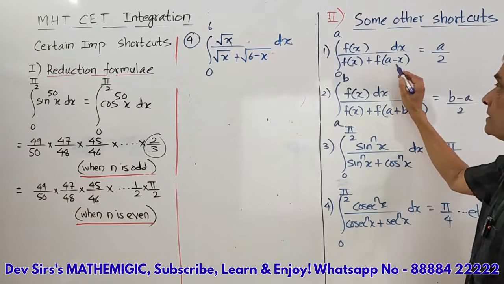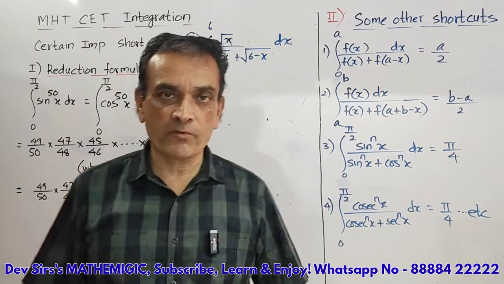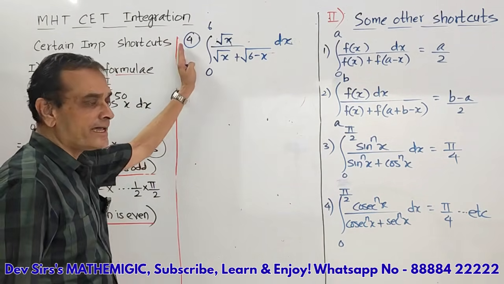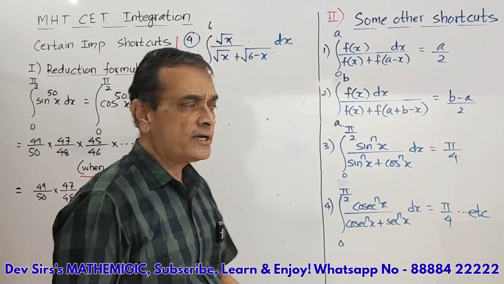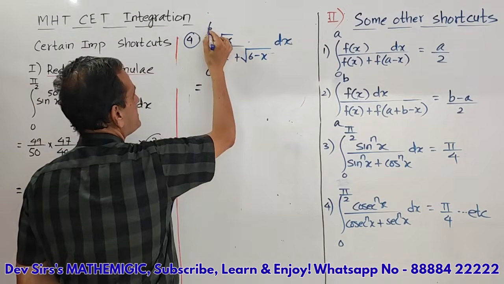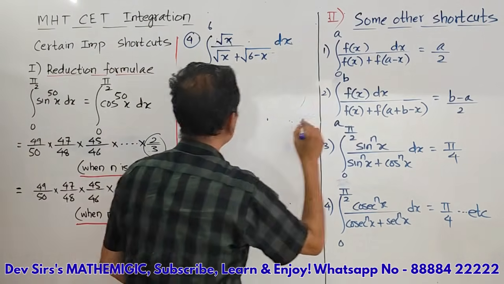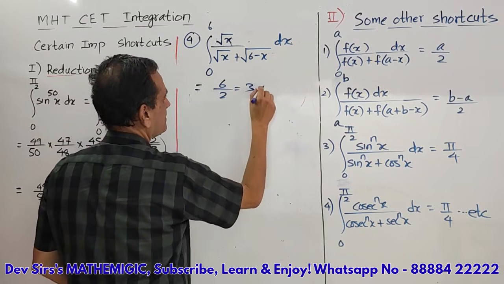Easy to recognize, 0 to 6. So in the board exam for property 5, what did we do? Write this as I, replace x by 6 minus x and so on. But here the answer is direct. 0 to 6 means a upon 2, that is 6 upon 2, that is 3.